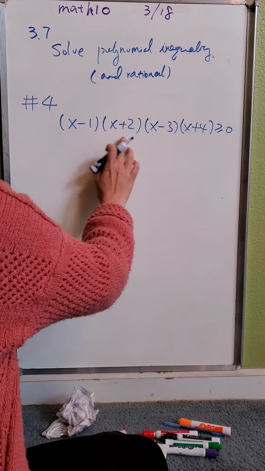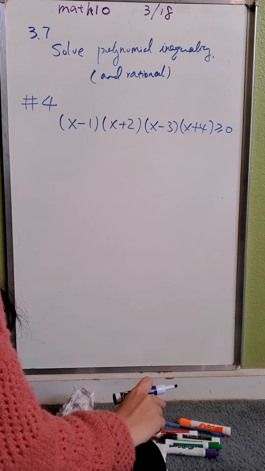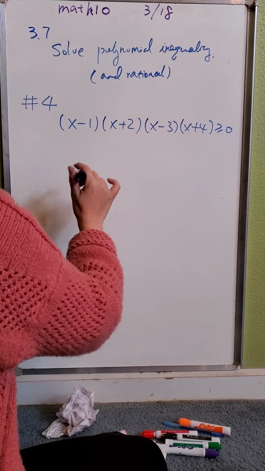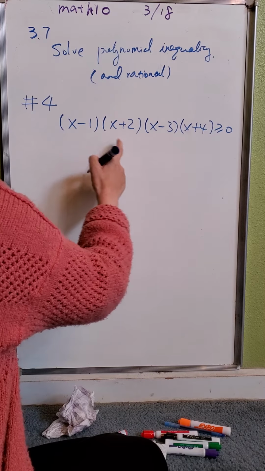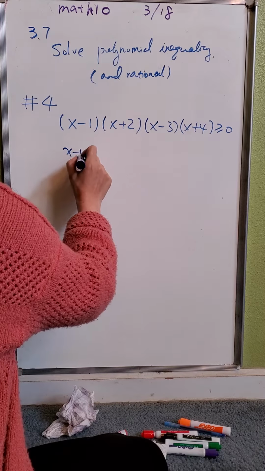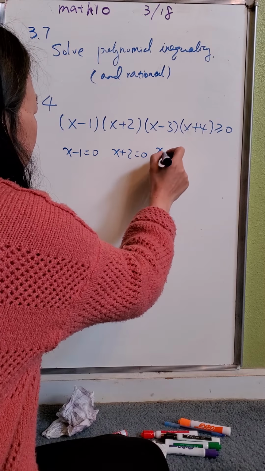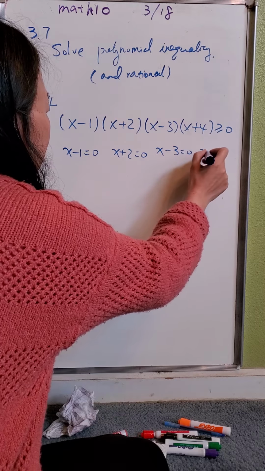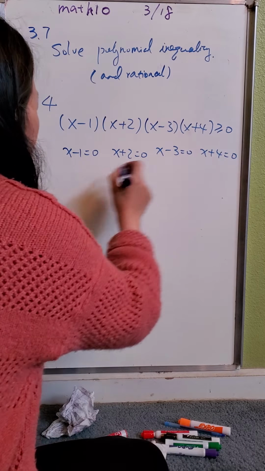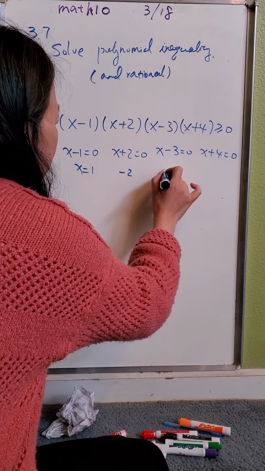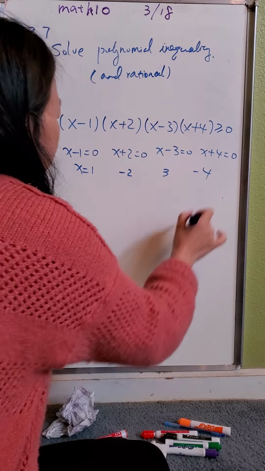So this is a polynomial here, okay? The first thing you should do is to get what this is equal to first. So you go x minus 1 equals 0, x plus 2 equals 0, x minus 3 equals 0, x plus 4 equals 0. And then x will equal 1, negative 2, 3, and negative 4.